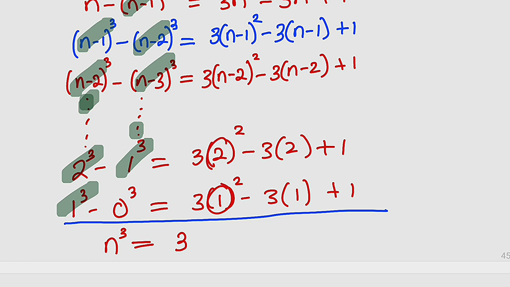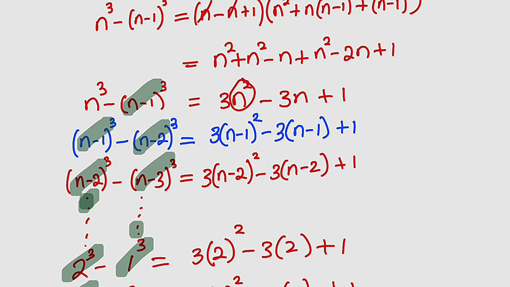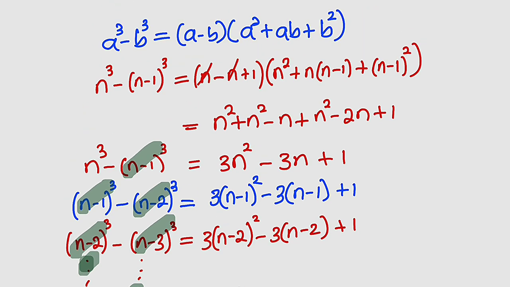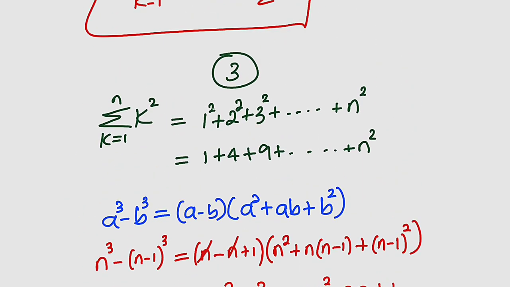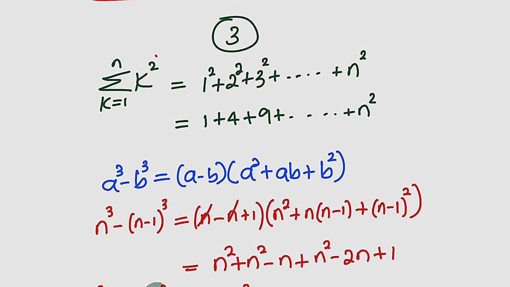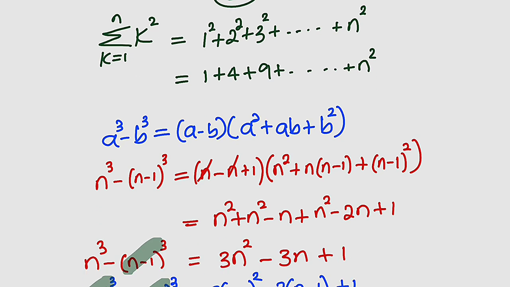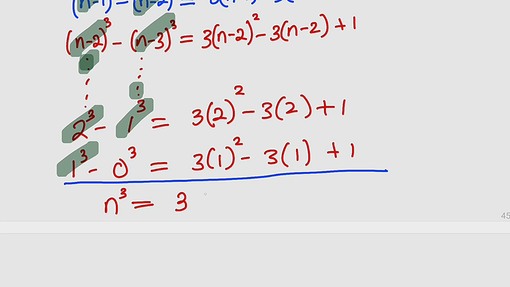We have 1 squared plus 2 squared plus 3 squared plus 4 squared up to n squared. What can you remember about this? It is the same thing as this one. Look at it. 1 squared plus 2 squared plus 3 squared up to n squared, which is just the same thing as the summation of k squared from 1 to n. So this is the summation of k squared from 1 to n.